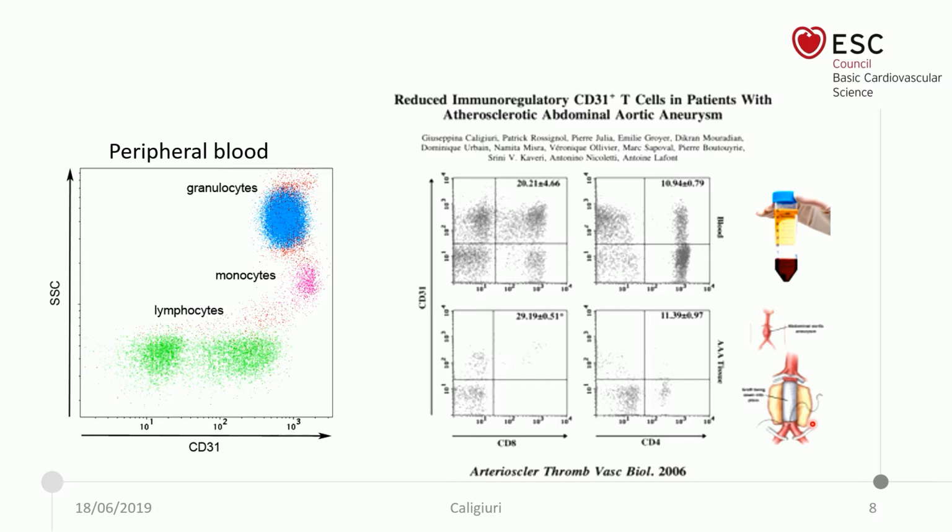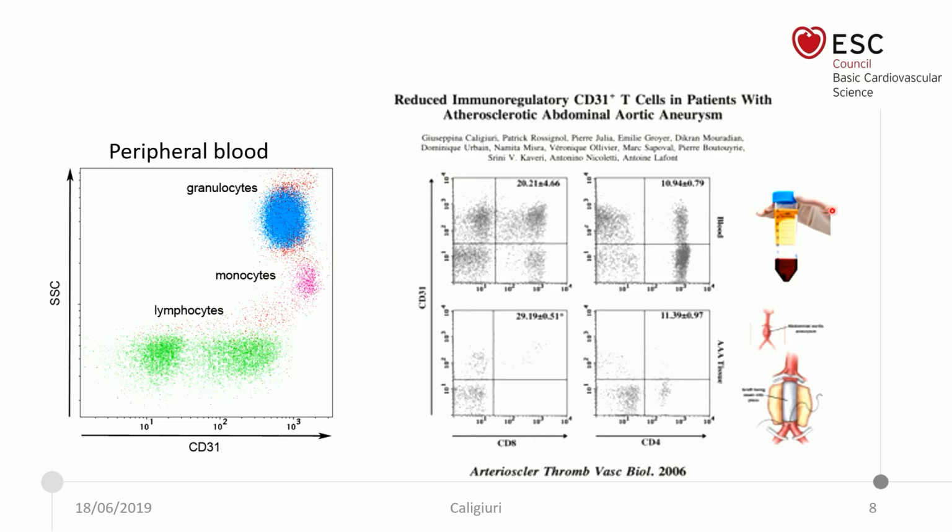So what I did was to go back to the trash of the surgery and take the aneurysmal walls, digest them with enzymes, and make a single cell suspension, and check for the expression of CD4 and CD8 on one side, and CD31 on the other. Many other markers were there, but here I show you the T cells, helper and cytotoxic, and their expression of CD31 in the tissue and in the blood.